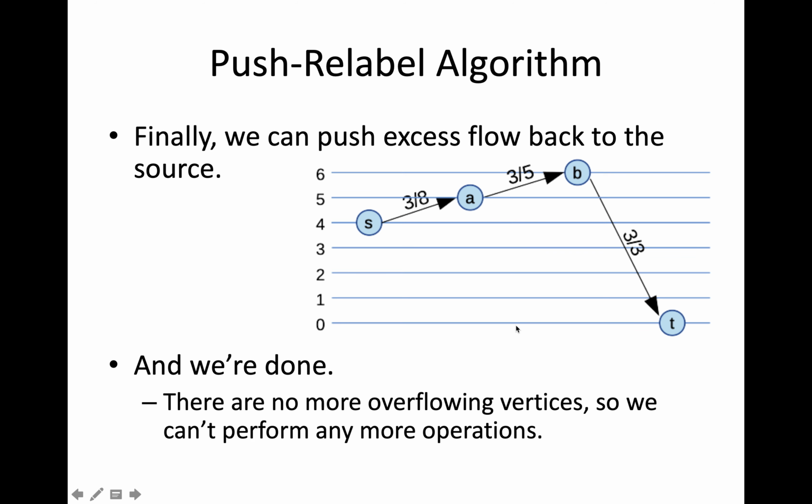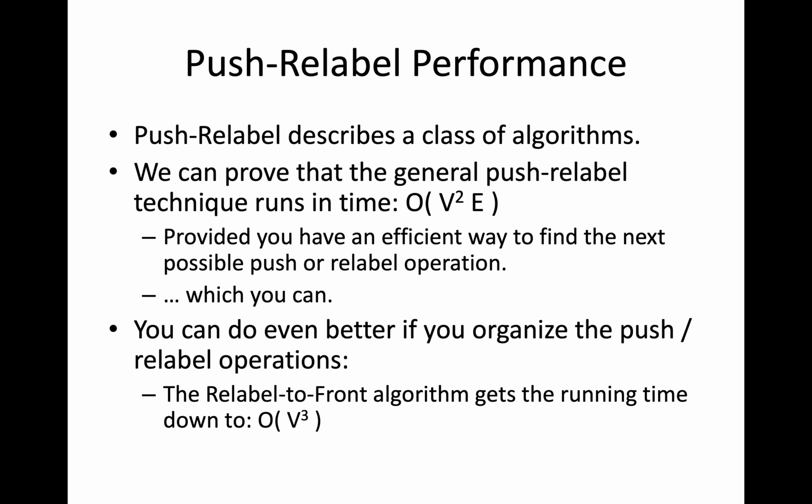If you've got some overflowing vertices, they're gradually going to get pushed up above the height of S so that any excess flow into them can drain back into S. And once that's all happened, the algorithm is going to be able to terminate, because if you don't have any more overflowing vertices, you can't run any more push or relabel operations. I don't think we've really proven that, but I've tried to give you some intuition about how you can think about it. And with those rules for the height, you can put a bound on the maximum number of push and relabel operations that you can do.